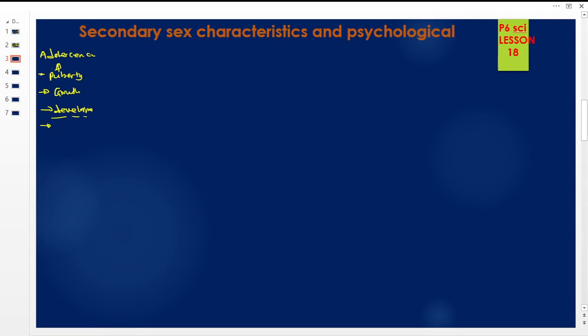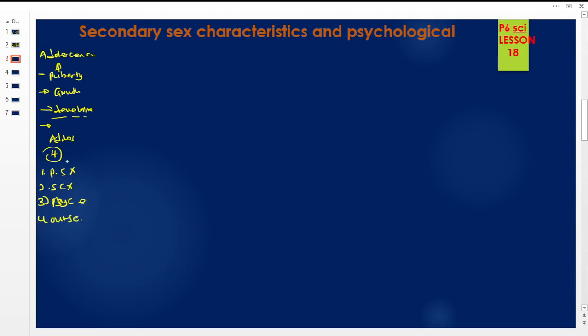Then from there we said that when we are undergoing adolescence, we are called the adolescents, and there are 4 stages that take place during adolescence. 1, the primary sex characteristics, 2, secondary sex characteristics, 3, psychological and emotional changes, then 4, out of step changes.